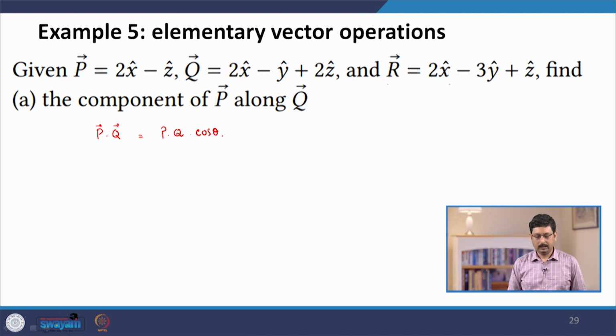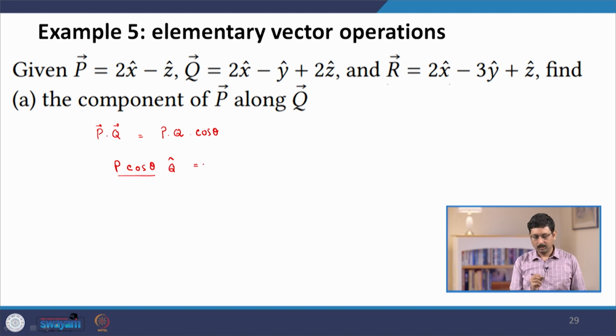Now, I want to go one step further and define a vector which is in the same direction as q and whose magnitude gives you the component of p along q. The component of p along q will be p cos theta, as we discussed before. Now, I want to draw a vector whose magnitude is p cos theta and whose direction is a unit vector along q. So, how to calculate this quantity?